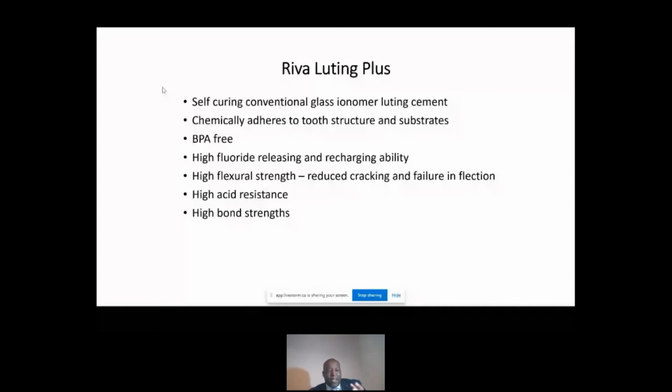It also has high bond strength, not as high as the true conventional resin cements, but because it has resin particles and resin properties, it has high bond strength.